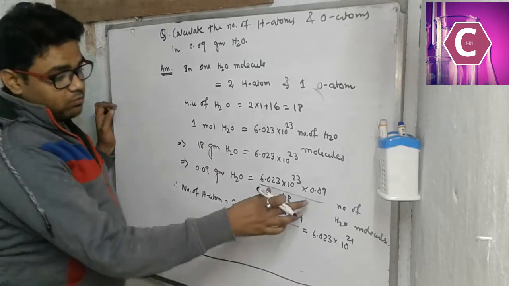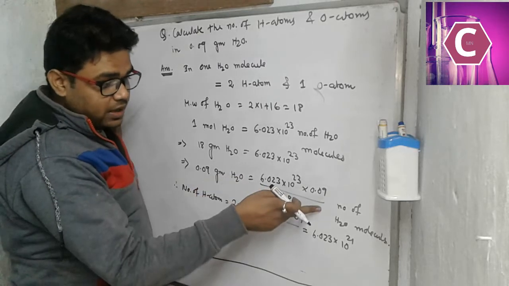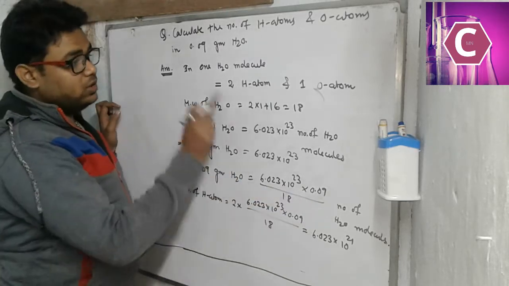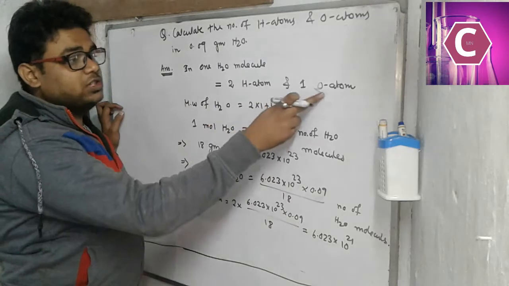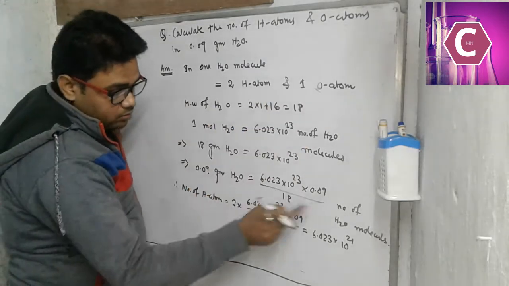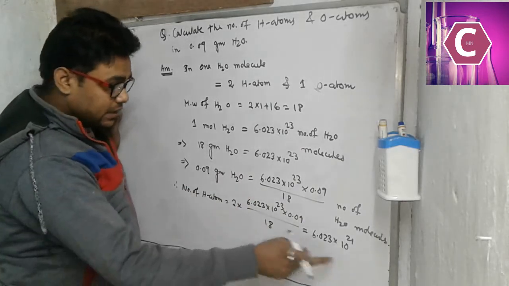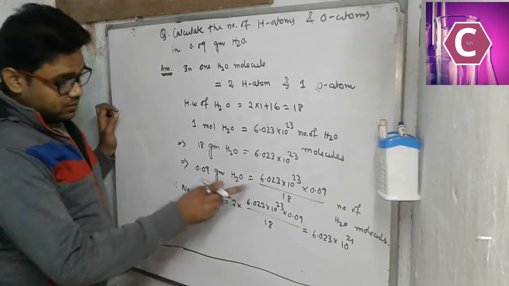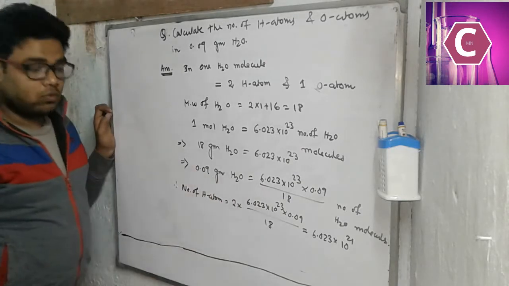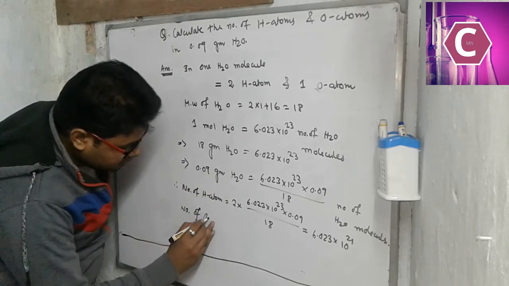Because this is the number of water molecules, and we know in one water molecule there is 2 hydrogen atoms and 1 oxygen atom. That's why we multiplied this total term with 2 to get the number of hydrogen atoms in 0.09 gram of water.